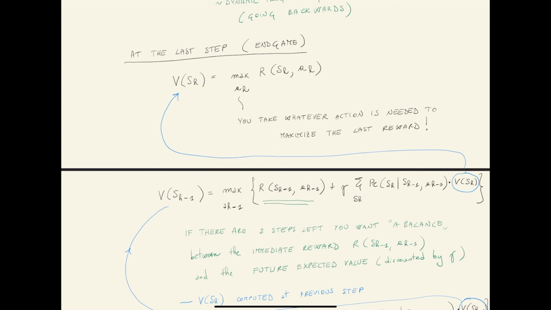You want to maximize the sum of the immediate reward that you get by doing a certain action, a of h-1, I called it, plus the reward that you are gonna get in the next state. And that's the idea of this plus gamma. So you discount it by gamma because you have to wait. You don't get the reward now, you have to wait.